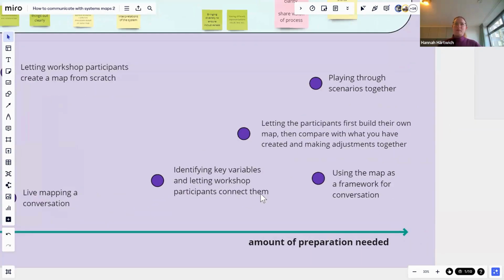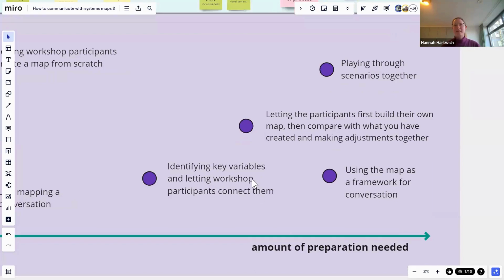Or what I sometimes do is, if interviews took place before a workshop where we bring stakeholders together, I will already, based on the interviews, identify key variables that keep coming back in all of these interviews, give those to the workshop participants to work with, and let them see the connections that are there.